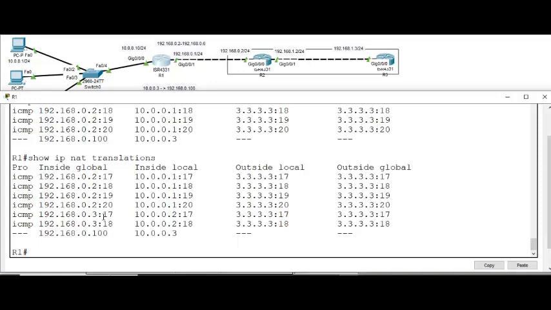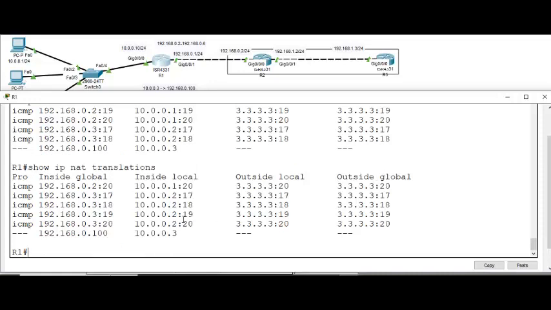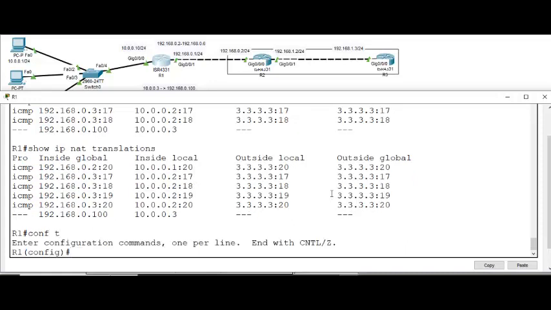Now, I'll remove the statement. Okay, you know why it is not allowing? I need to clear the buffer. Clear IP NAT translation all. After clearing, if I go and remove, it removes. Now I'm going to say the same IP NAT translation with overload.